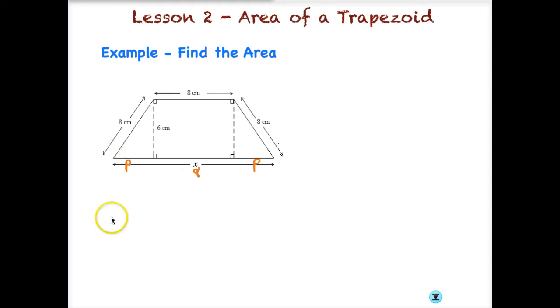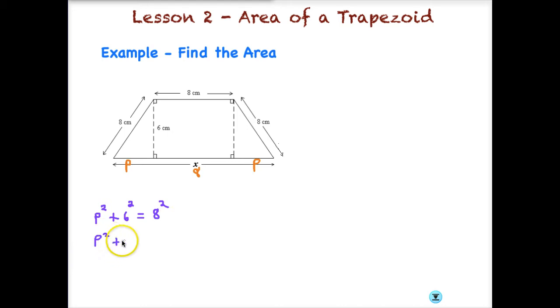Well, my hypotenuse is 8. One of the legs is 6, and one of the legs is P. So if you recall, we have a squared, which we'll call P, plus b squared, which is 6, is going to be equal to c squared, which is our hypotenuse, which is 8. Remember, it's important to make sure that you get the hypotenuse in the correct location.